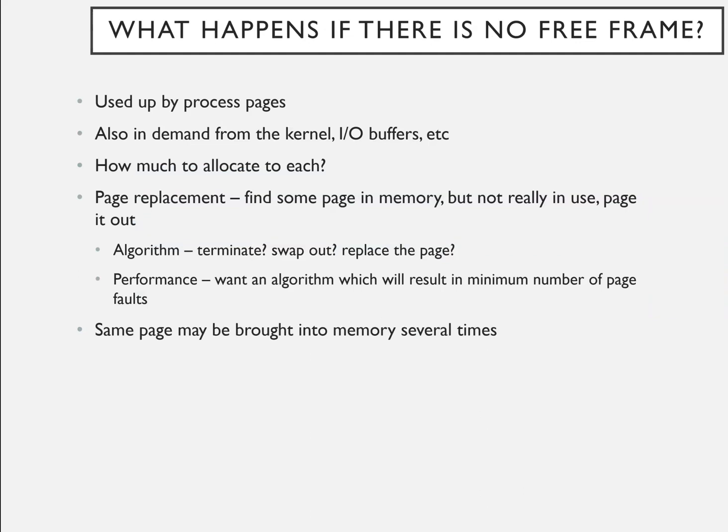What if we have no free frames? If we've used them up, how do we deal with this? We do page replacement: find some page in memory that is not in use and page it out. Options are to terminate the process, swap it, or replace the page. We want an algorithm that will result in a minimum number of page faults. We want to minimize how many times the same pages are brought into memory.